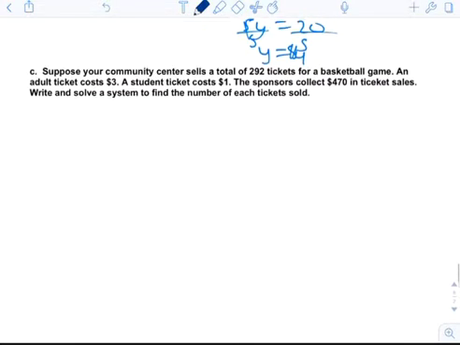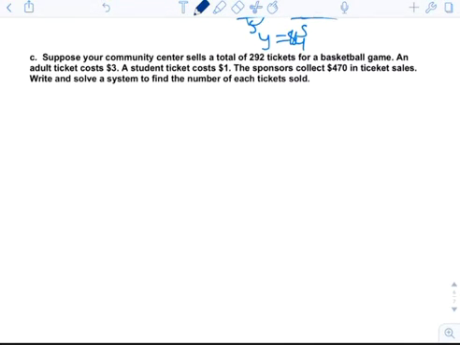Here you go. Suppose your community center sells this many tickets to the basketball game. The adult ticket costs this much. The student ticket costs this much. The sponsor collected this much money. Okay.